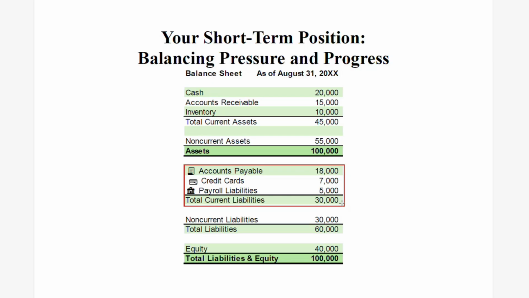And again, this is the whole reason where I am so against the small business owner clients that I have who just manage their business by bank account. That's a terrible way to do it because, on this balance sheet, for example, we've got $20,000 in cash and you're thinking, oh, that's great. But look at the liabilities that I have, short-term liabilities of 30, that's not so good. Okay, so that's where we have to make sure we've got both sides. We've got current assets as well as the current liability side.